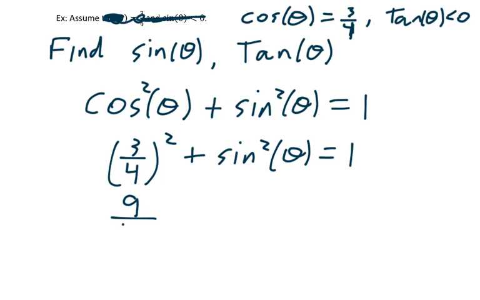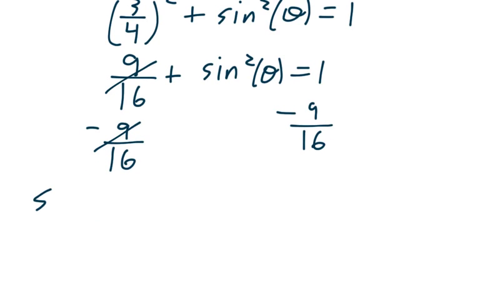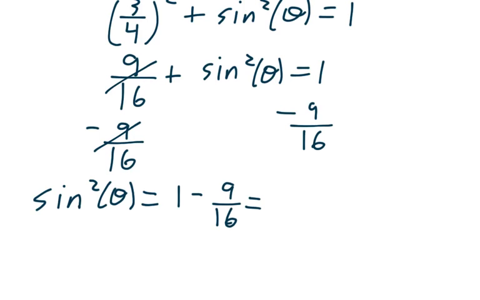Well, that's going to be 9 over 16. So what we have is 9 over 16 plus the sine squared of theta is 1. Okay, that's good. Now what? Well, we want to get sine of theta, so let's subtract. These cancel. So we have sine squared of theta is 1 minus 9 over 16.